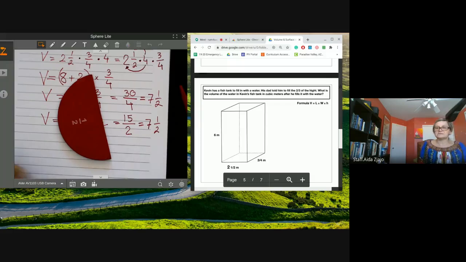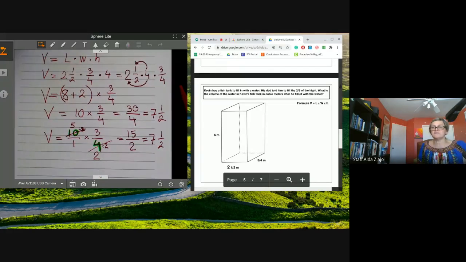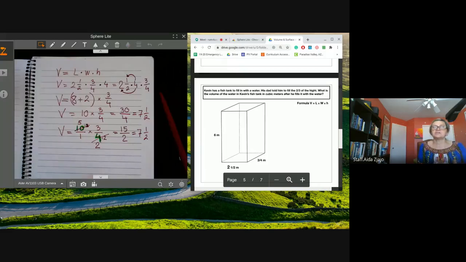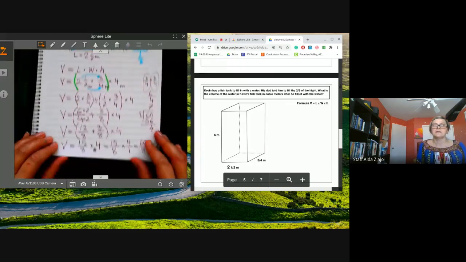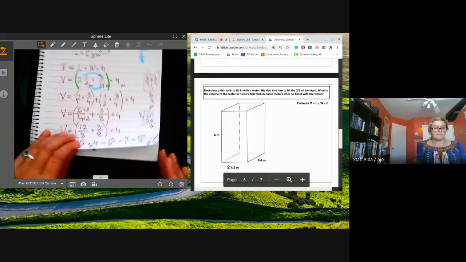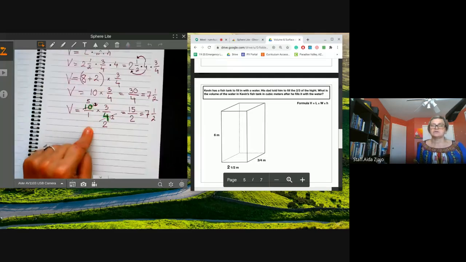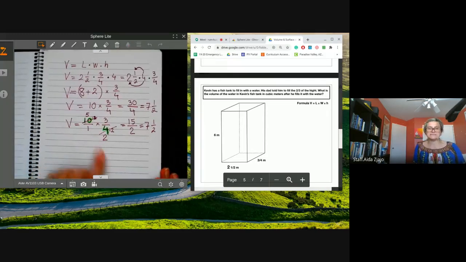So my final answer would be 7.5. This is just to show you a different approach, depending on which angle you start from. This was the same problem as this one, but this takes us longer to figure out compared to this one. So you always have a choice to try different ways and make more paths.